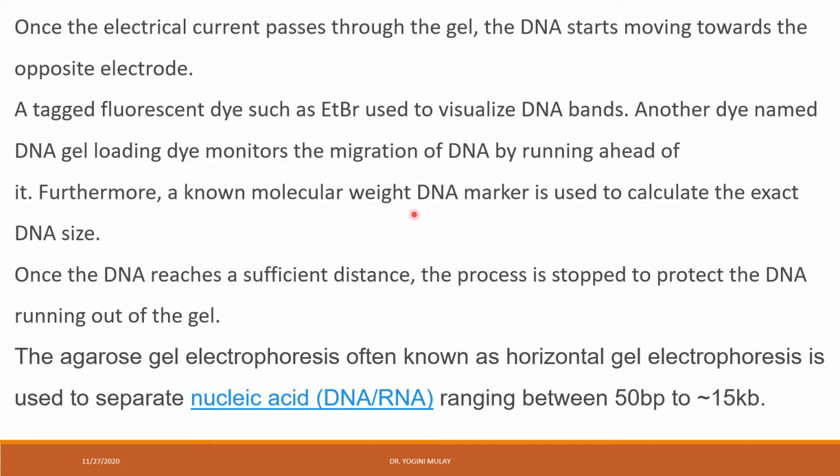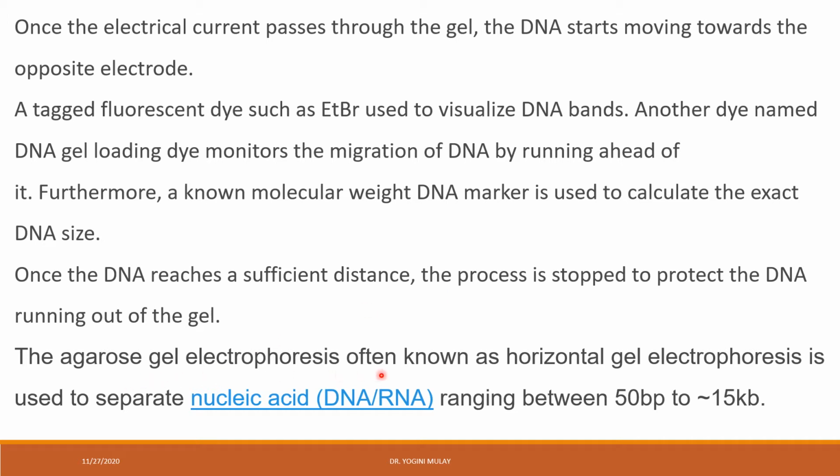Further, a known molecular weight DNA marker is used to calculate the exact size of the DNA. Once the DNA reaches a sufficient distance, as I said, this can be known by using the loading dye, the process is stopped. This is to prevent the DNA from running out of the gel.